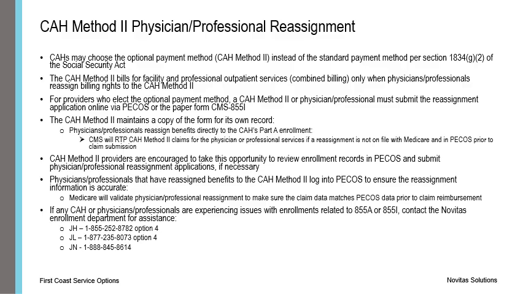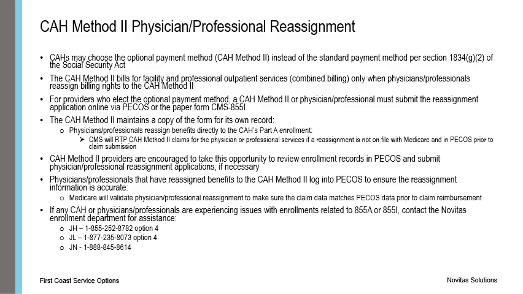The Critical Access Method 2 bills for both facility and professional outpatient services, that's combined billing, on the UB-04 when the physician or professionals have reassigned their billing rights to the Critical Access Method 2.